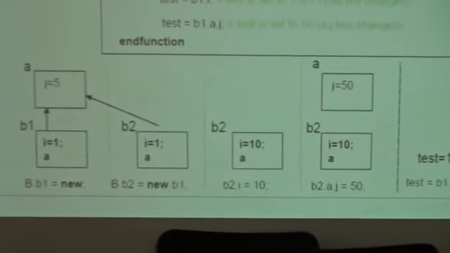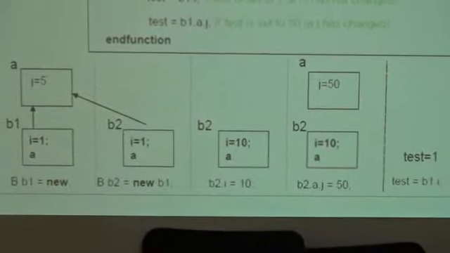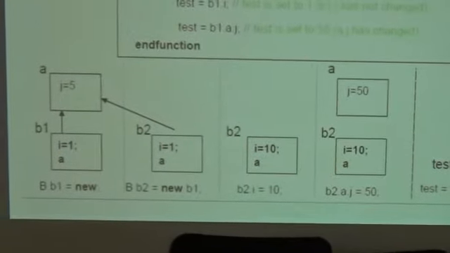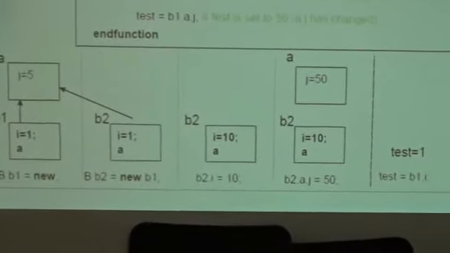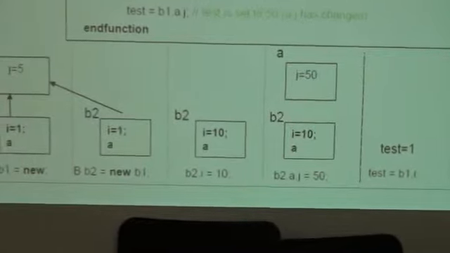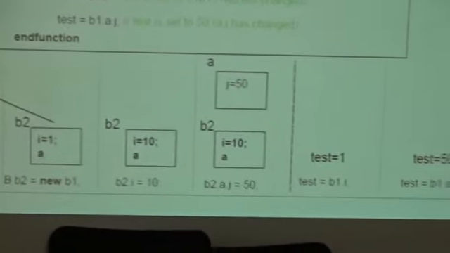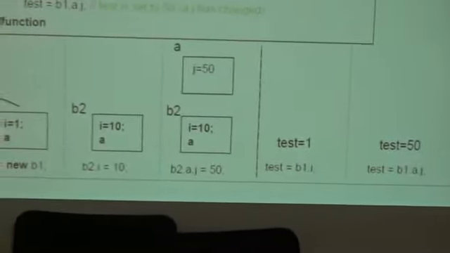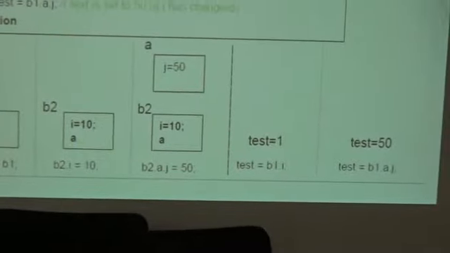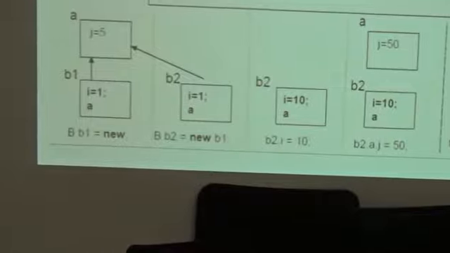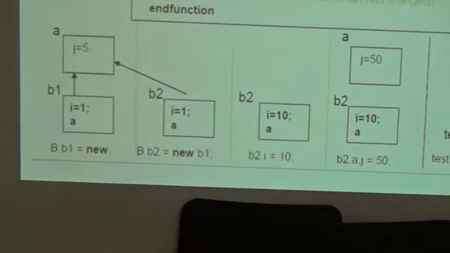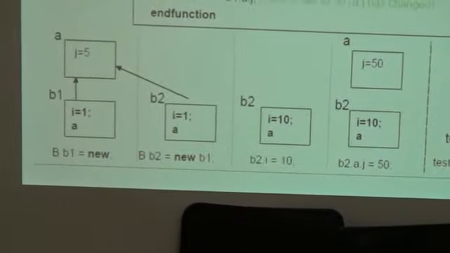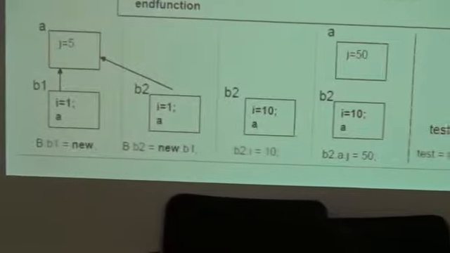Now, if you have seen here, I was updating b2.i equal to 10. Initially i had the value 1, but I am updating it to the value 10. Next, in b2.a.j equal to 50, both object handler b1 and object handler b2 are accessing the same object a, with j equal to 5.